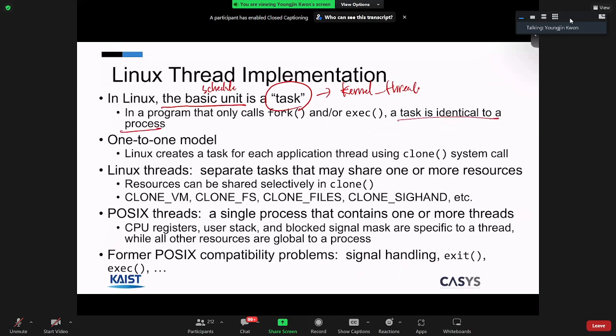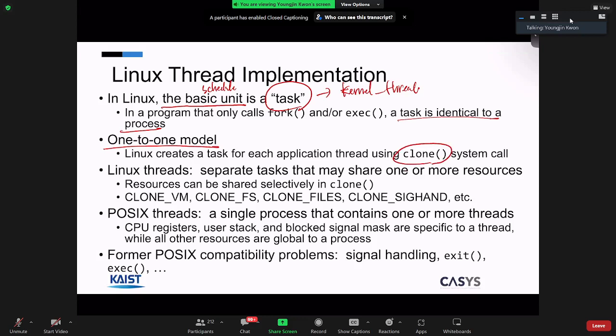If a program is single-threaded, the task is identical to a process. Okay? And Linux uses the one-to-one model. So Linux creates a task for each application thread using the clone system call.